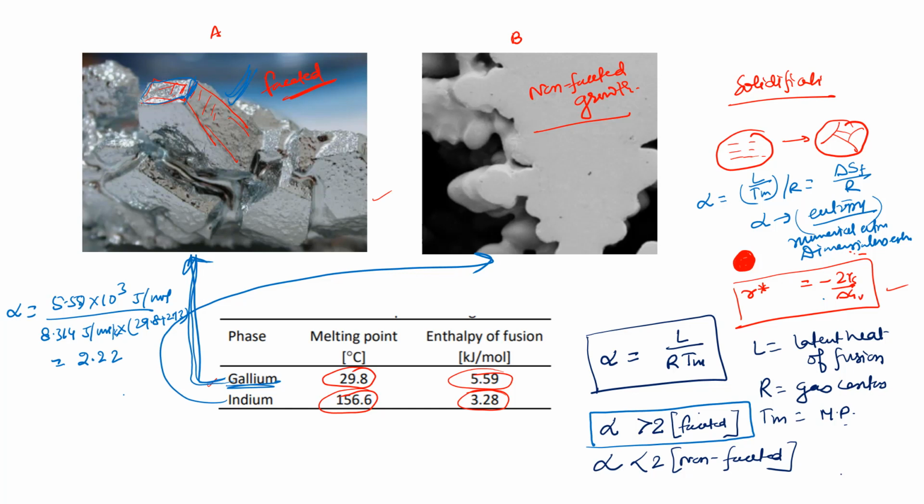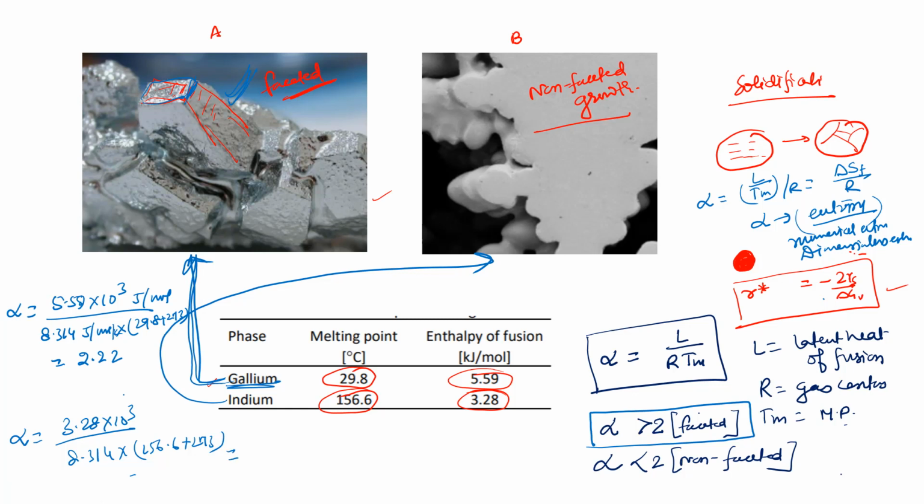Next it is indium. Alpha is 3.28 into 1000 divided by 8.314 into 156.6 plus 273, where 156.6 is the melting point.